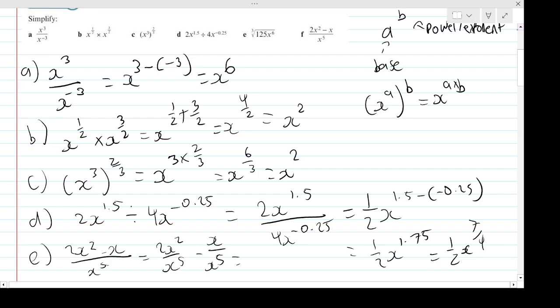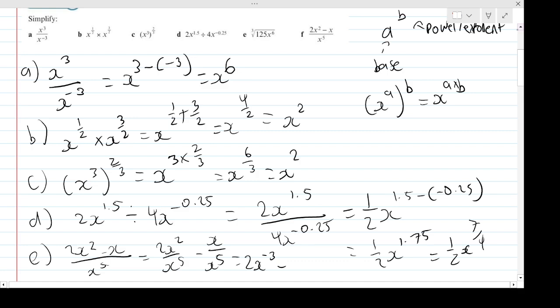So now I can apply the index laws separately because now I have different powers, so I can subtract them in the usual way. But then with the first fraction, we have 2x squared over x to the 5. Well, I can just have 2, but then I subtract the powers. So 2 minus 5 will be x to the minus 3.